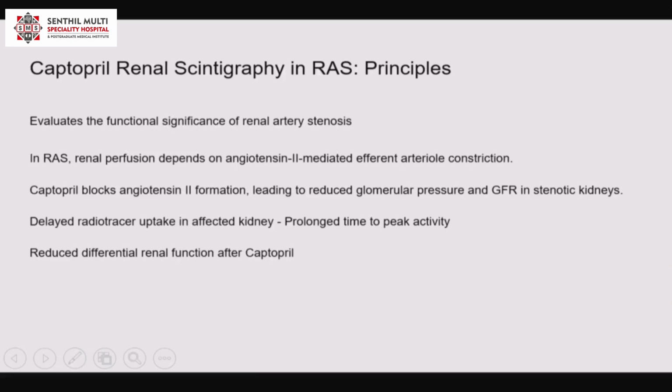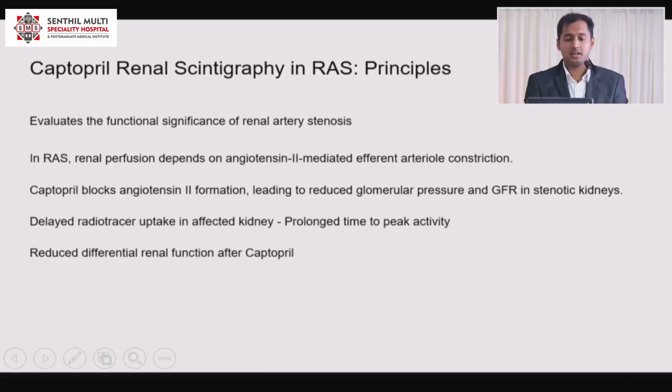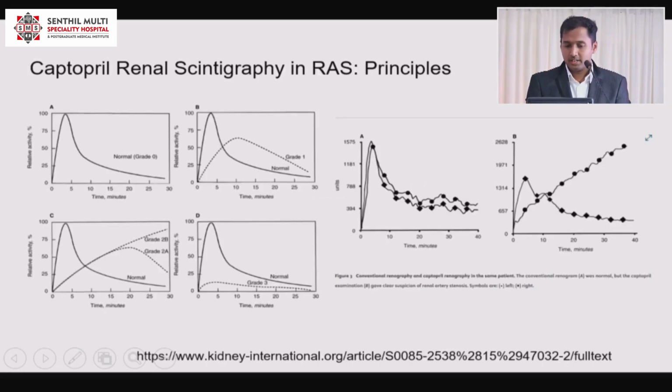And captopril renal scintigraphy in RAS. This also is utilized for the functional significance of renal artery stenosis. In RAS, usually the perfusion is maintained by angiotensin II mediated efferent arteriolar constriction. Once the patient is given captopril, in the normal case there is a peak and trough fall of the DTPA or MAG3, whichever moiety we are giving.